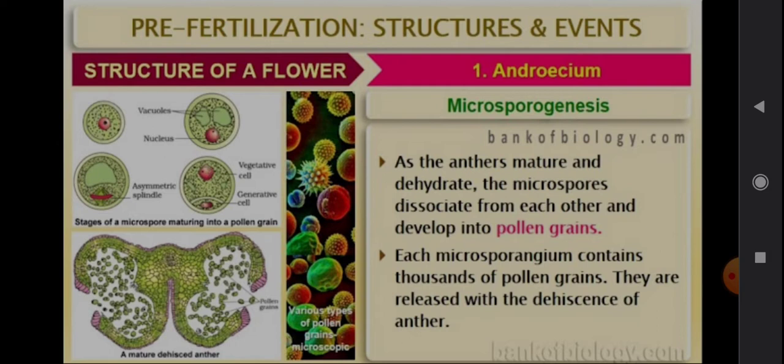Each microsporangium contains thousands of pollen grains. They are released with the dehiscence of the anther. When the anther cannot hold the pollen grains, they burst out. These pollen grains move out freely. So there will be many pollen grains, thousands of pollen grains.